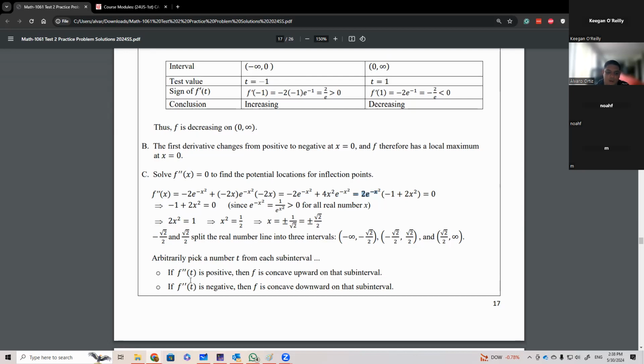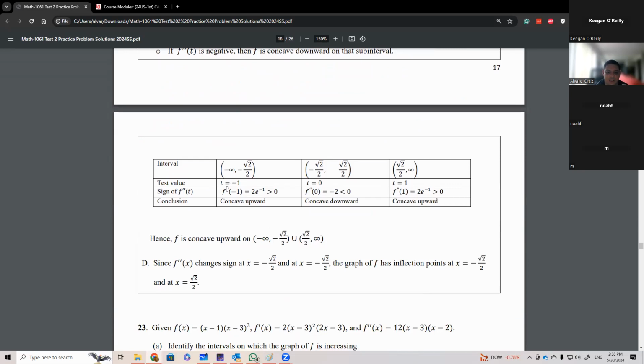And so where f double prime is positive, we have that f is concave upward, and where it's negative, we have that it's concave downward. And so because of that arrangement, we can see that in the interval minus infinity to minus the square root of 2 over 2, we have concavity upward, then it changes to concavity downward, and then concavity upward in the last interval. Okay.